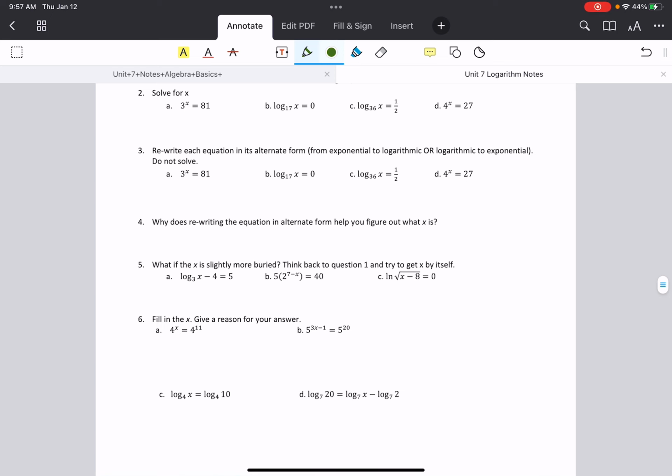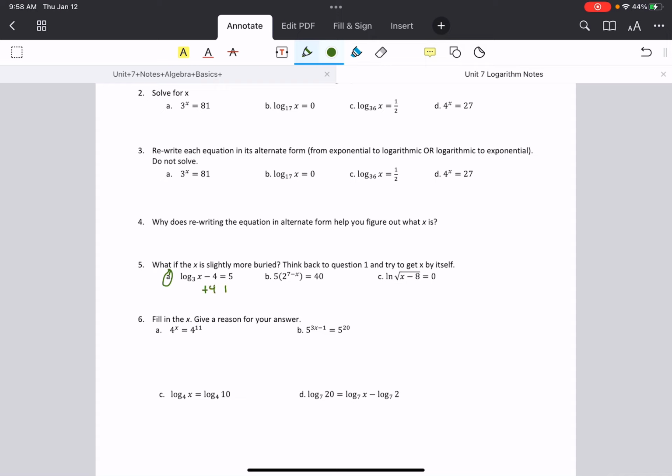The weird thing happening to the x is the log, right? So what should I do before I do anything else to get that weird thing alone? If the -4 was in the log, it'd have parentheses. So I have to add the 4. Good, Nathan, I have to add the 4, right?